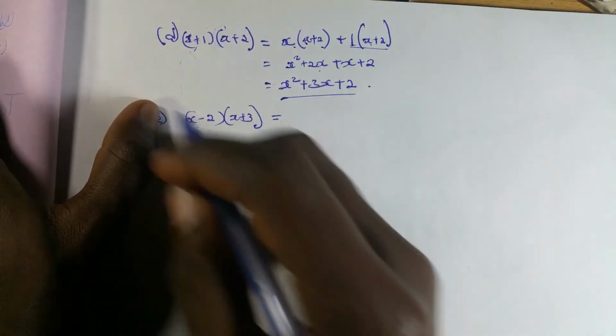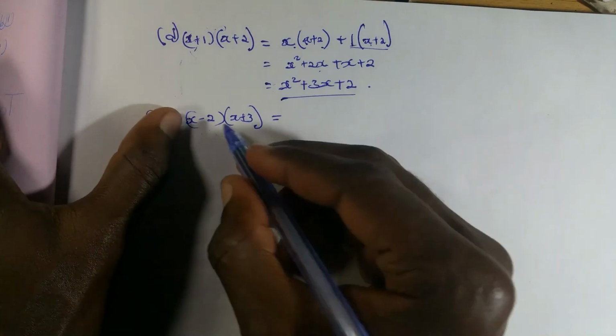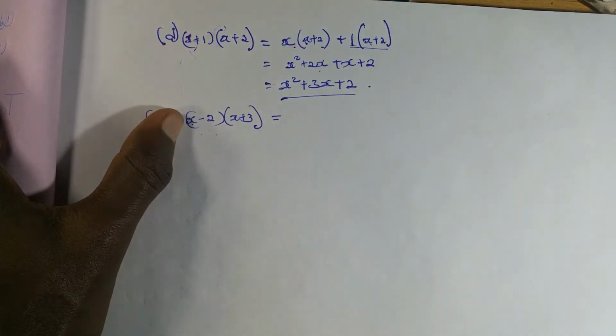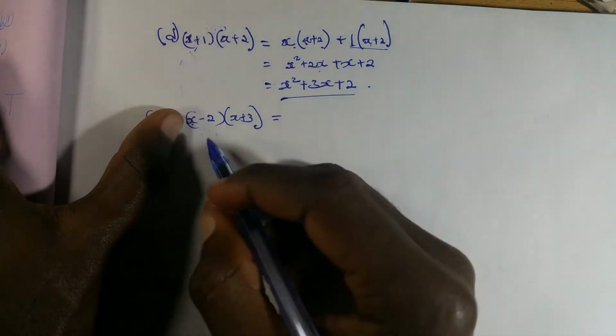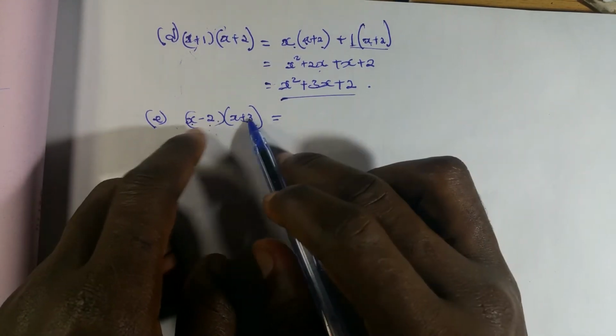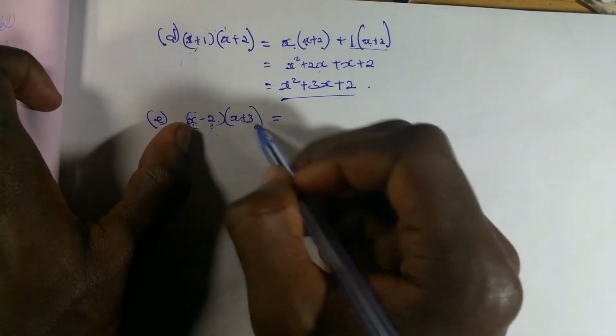We consider it to be a difference of 2 squares. Sorry, for this case it's not a difference of two squares, since 2 and 3 are different.